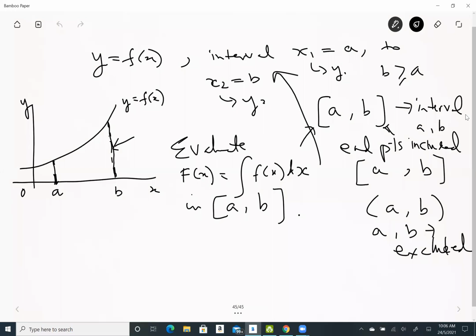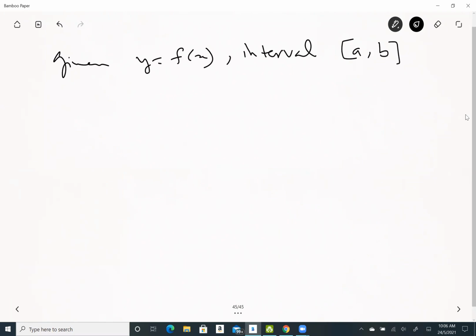Given a function y equal to f of x and the interval AB, such that b is bigger than or equal to a, then the definite integral is equal to the following.